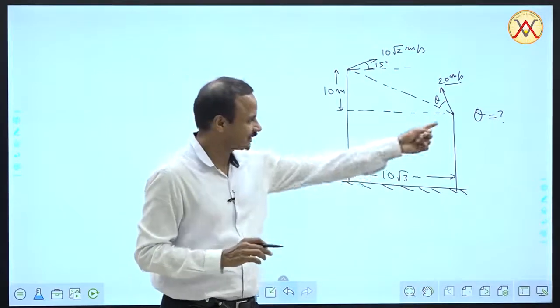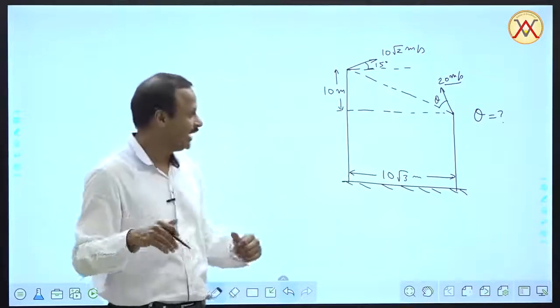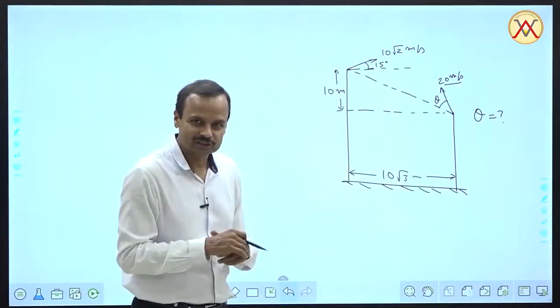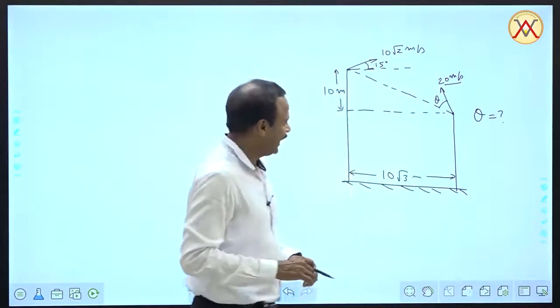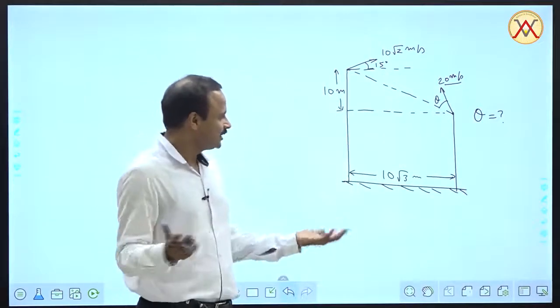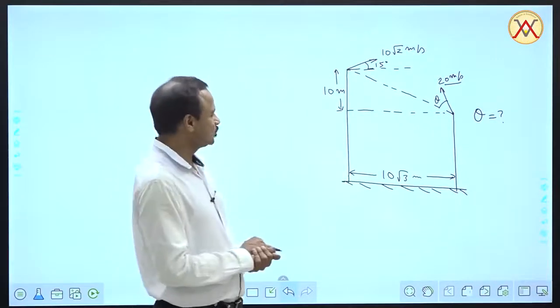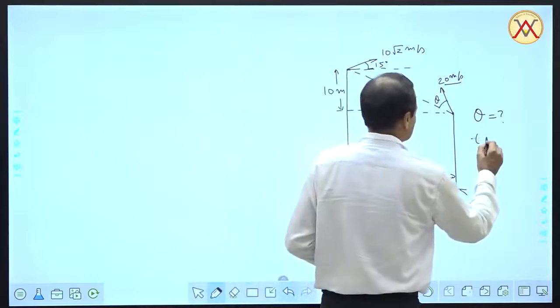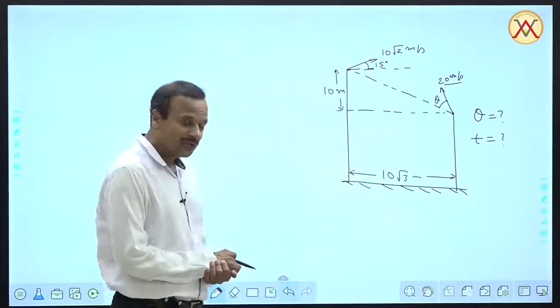The two projectiles are launched at the same moment of time and they collide with each other. So what should be the value of angle theta, and after what time do they collide with each other? This is another part that we have to solve for.